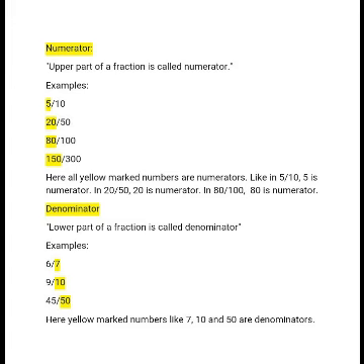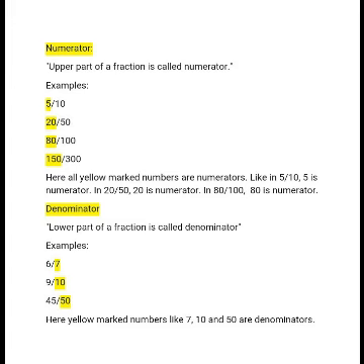Here all yellow marked numbers are numerators. Like in 5 by 10, 5 is a numerator. In 20 by 50, 20 is a numerator. In 80 by 100, 80 is a numerator. As given in the definition, the upper part of a fraction is called a numerator.